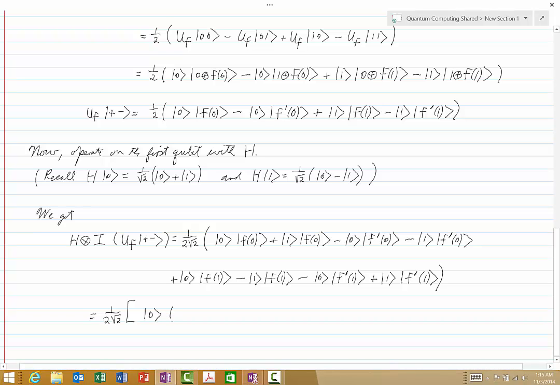So we'll have 0 as the first qubit, and then the second qubit is we have f of 0 minus f prime of 0 right here from this term, plus f of 1 that's from this term, and then minus f prime of 1 from this term.